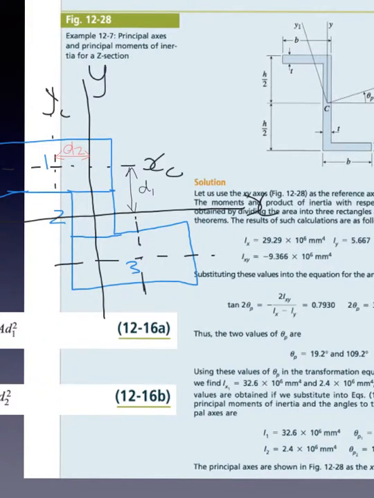This one is an easy one. Let me just indicate, this is also another rectangle. We know how to deal with this one, and we substitute all the required information into this equation here, and we calculate the total moment of inertia, and we end up finding IX and IY. Now that we've calculated the untransformed moments of inertia, we're ready to use equations 1233 and 1236 to finally transform these into our true representation of the tilted Z section.